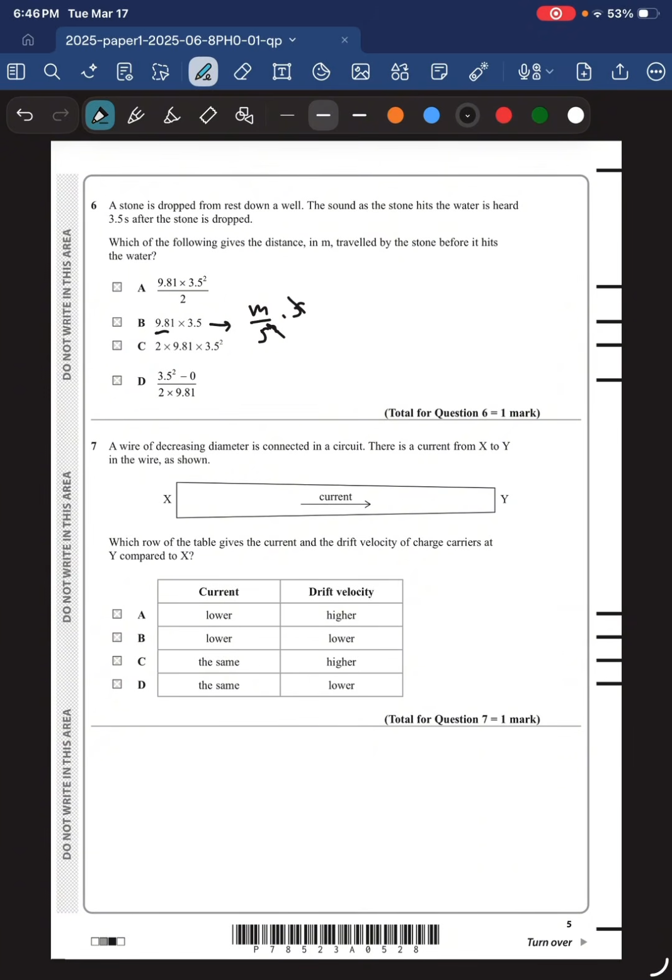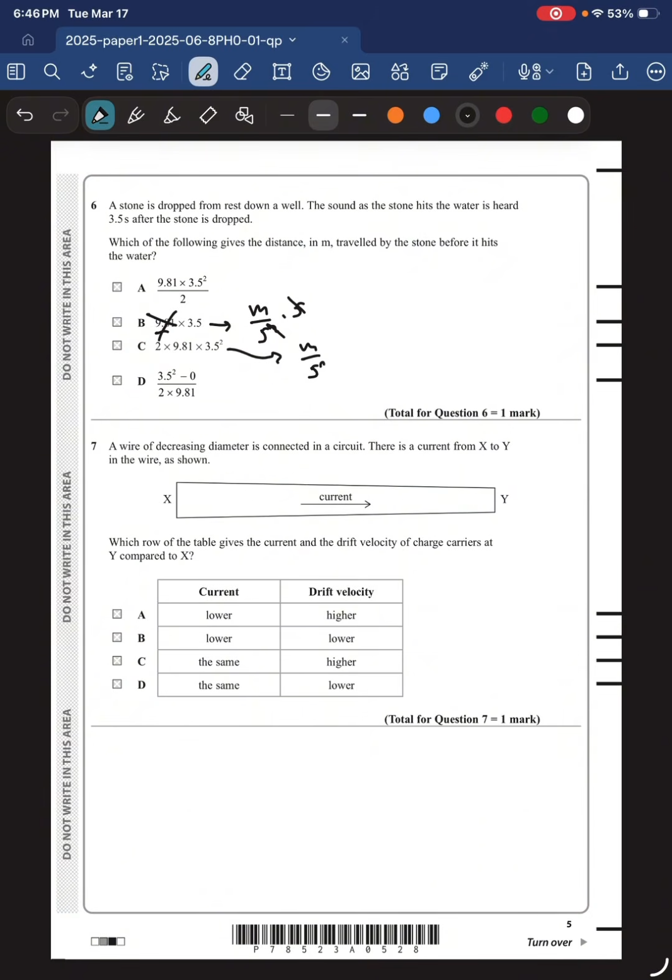So answer B expresses velocity in meters per second. That's automatically wrong because in this problem we are calculating a height.